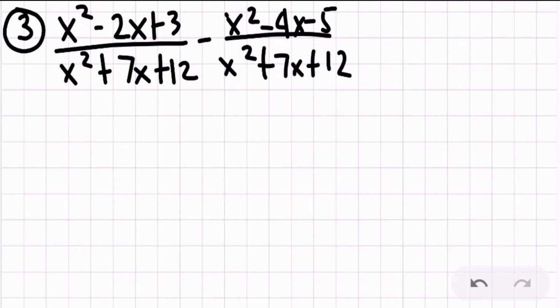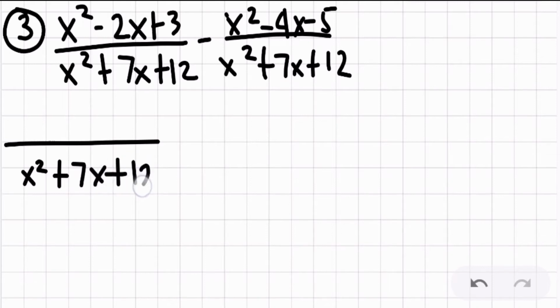So again, we need to copy the common denominator, which is x squared plus 7x plus 12, and do the operation indicated for the numerators.